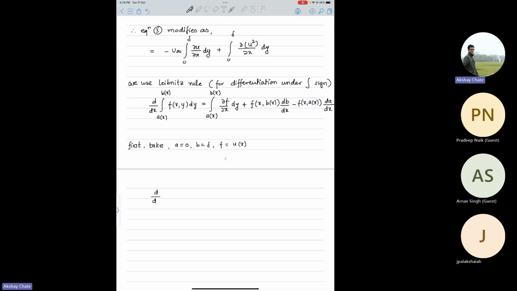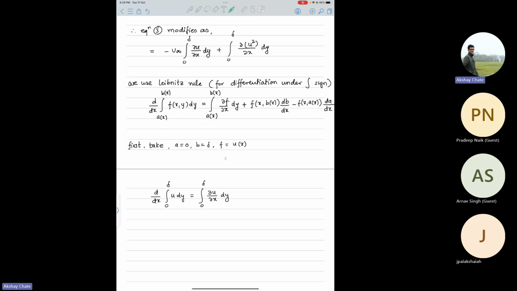This formula is d by dx integration 0 to delta u dy is equal to integral 0 to delta del u by del x into dy, because it is del f by del x here. I am just writing this equation in terms of these values, right?